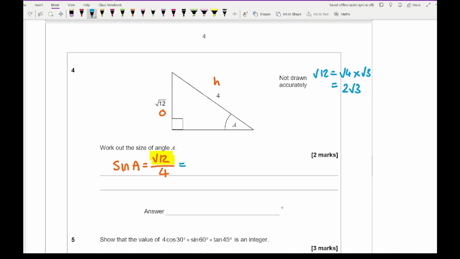So this then becomes 2 root 3 over 4. I can then simplify the 2, so I'm left with root 3 over 2. And then looking at my exact values of trig, looking at the sine row, which one gives me root 3 over 2? Root 3 over 2 is 60. So A equals 60 degrees.